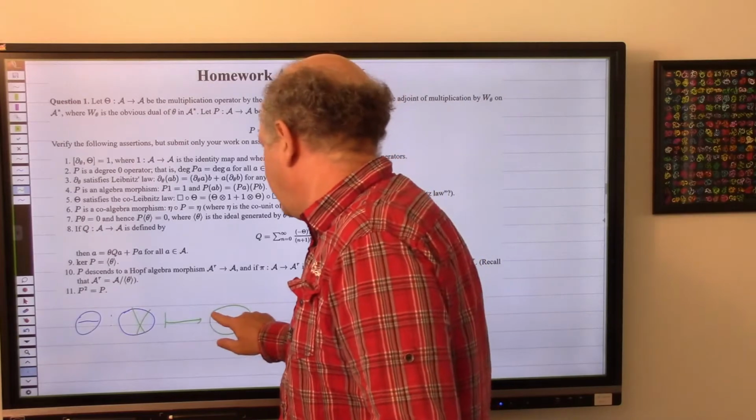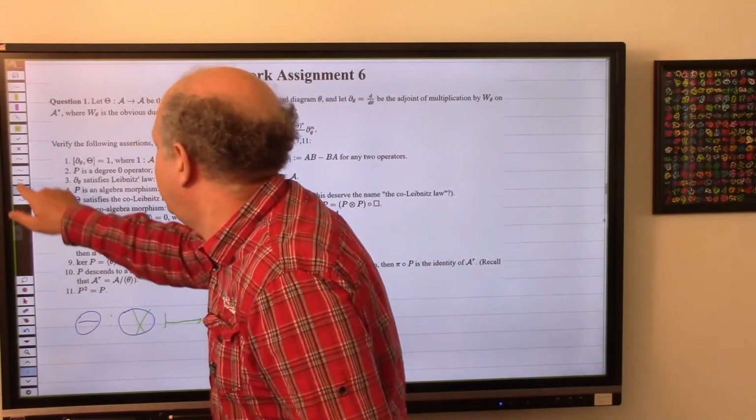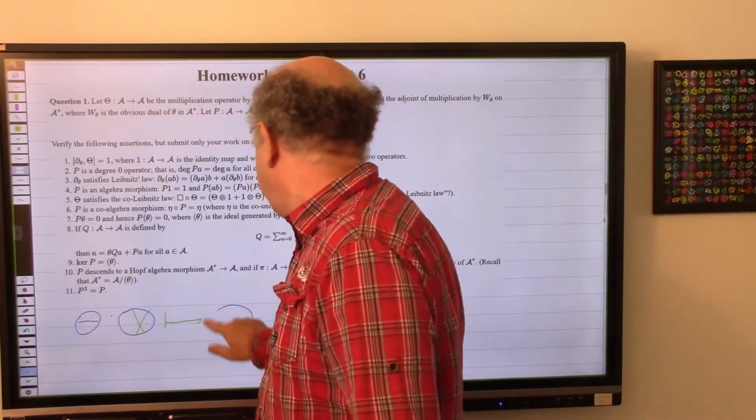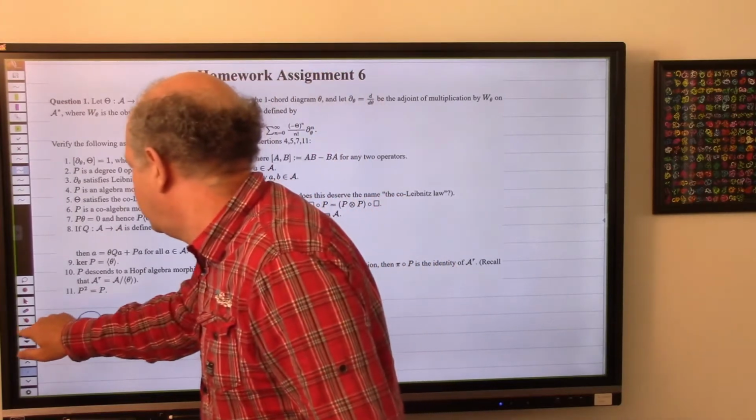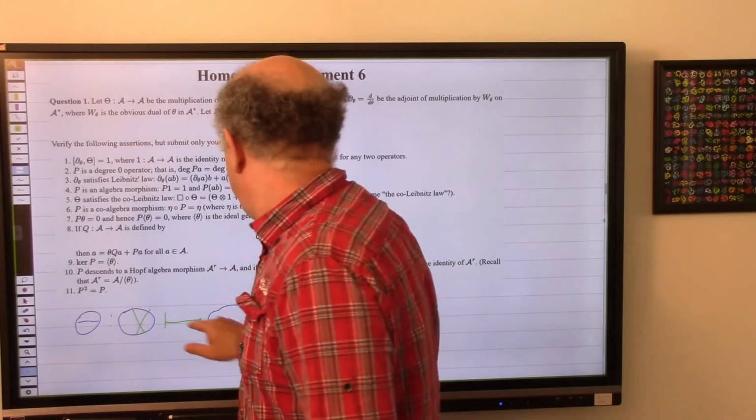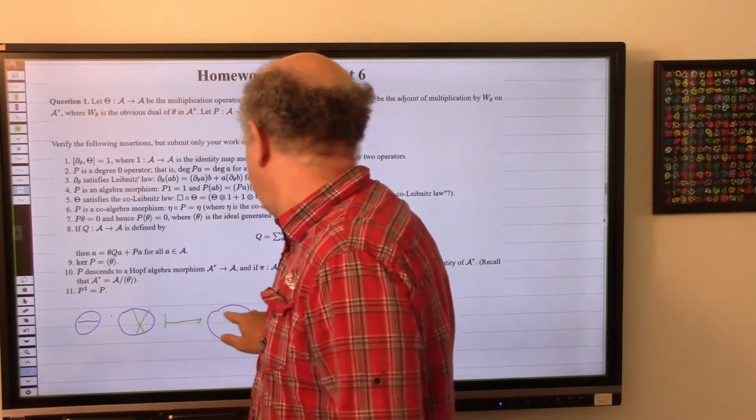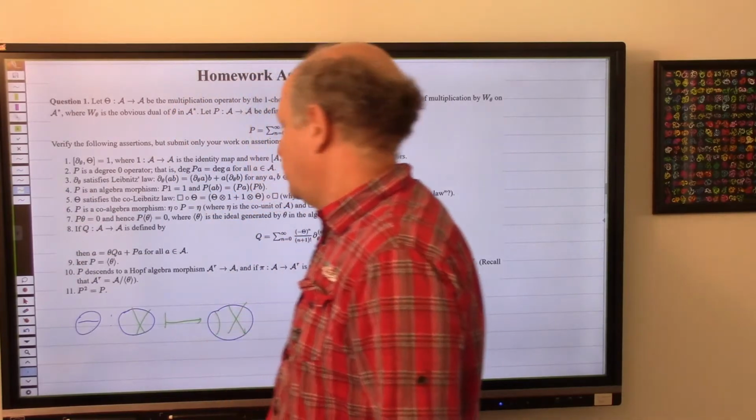Isolated, so of course it doesn't matter where you add it, so long as it does not intersect anything else. That's clear.